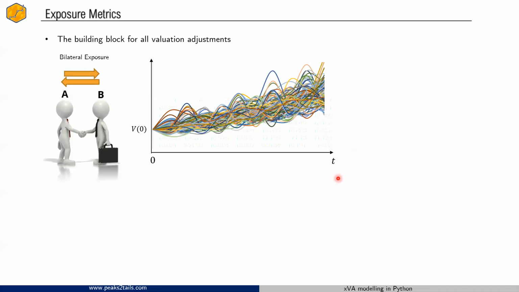Now focus at a particular time point in future, t. At that point, the value is random, Vt. That's a random quantity, and it will have some kind of distribution at every point in future. Only at time t0 it is deterministic. You know the value right now. In future it has a distribution. Now, given this distribution, you can calculate various exposure metrics.